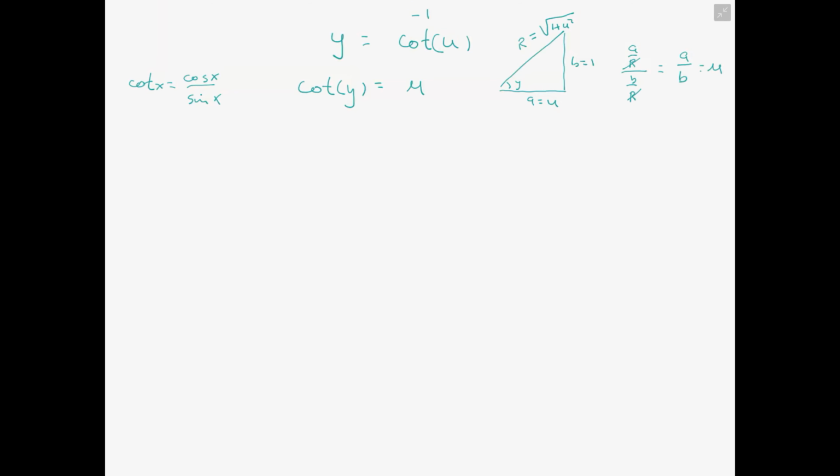So now we take the derivative of the cotangent, and cotangent again is cosine of x over sine of x.